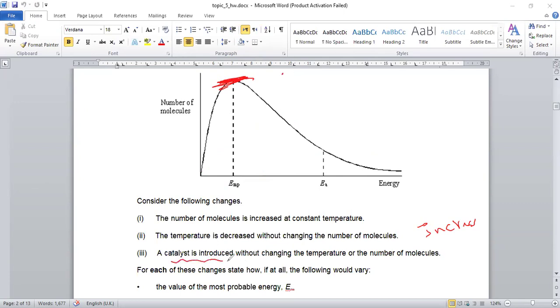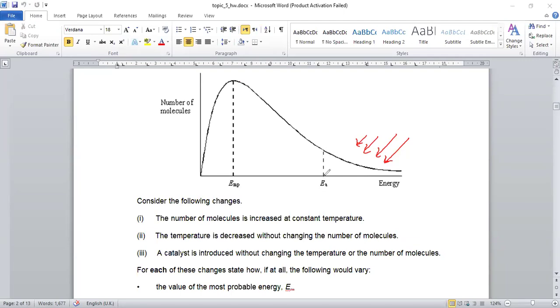The catalyst is introduced without changing the temperature or the number of molecules. How will the catalyst change it? It will work faster. The catalyst affects this region only, because the catalyst changes the level of activation energy.